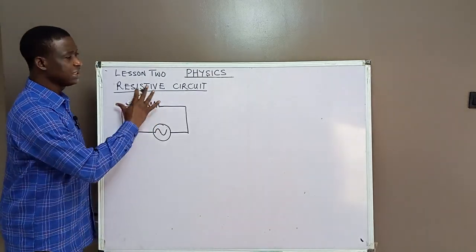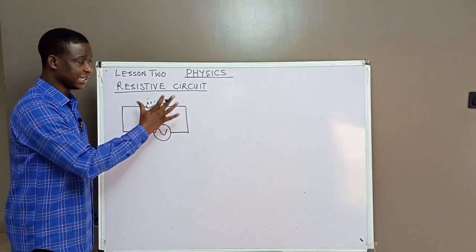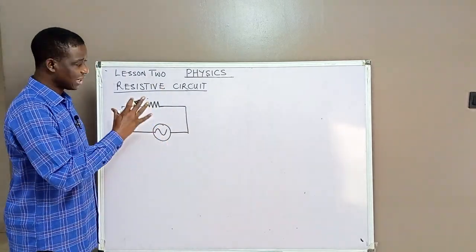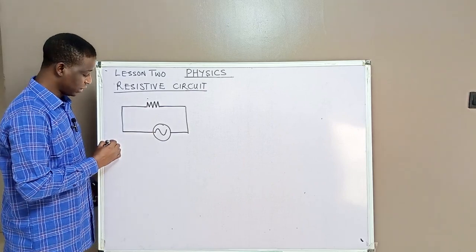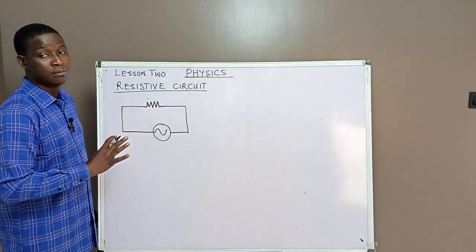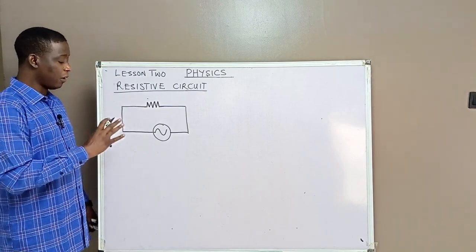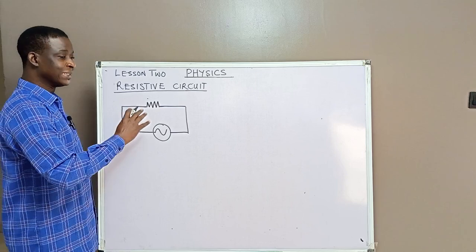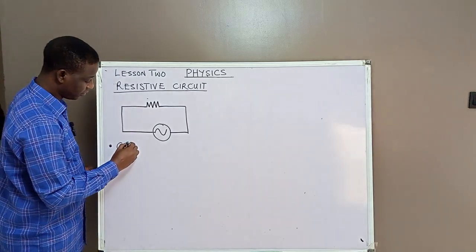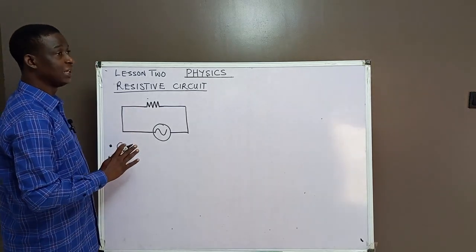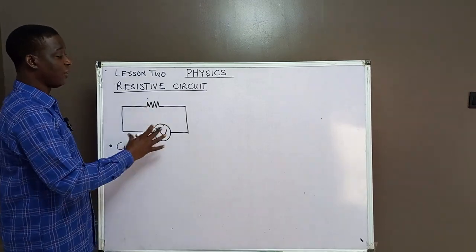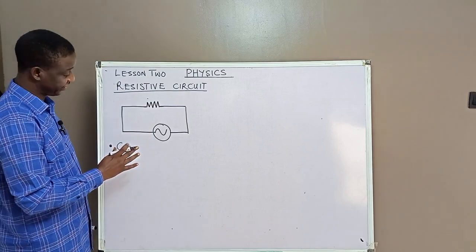Now, in this AC resistive circuit, there are important facts that you need to get as a student before engaging yourself in an examination hall. Number one is that the current and voltage of this particular circuit are in phase.